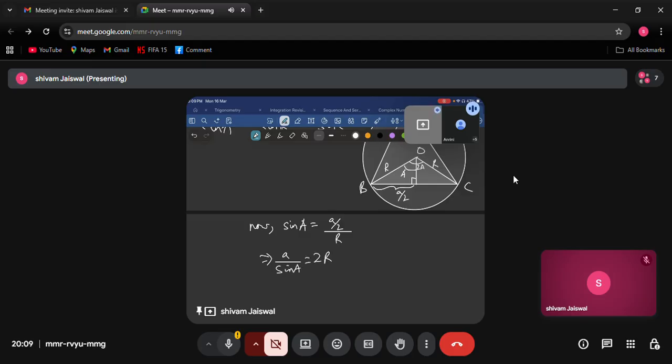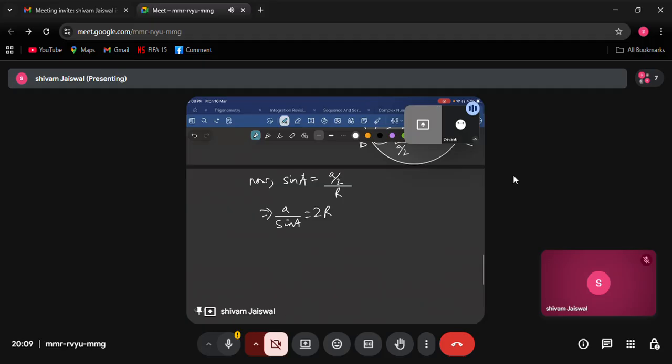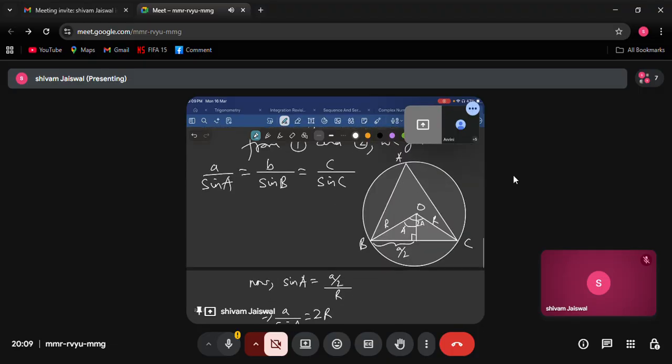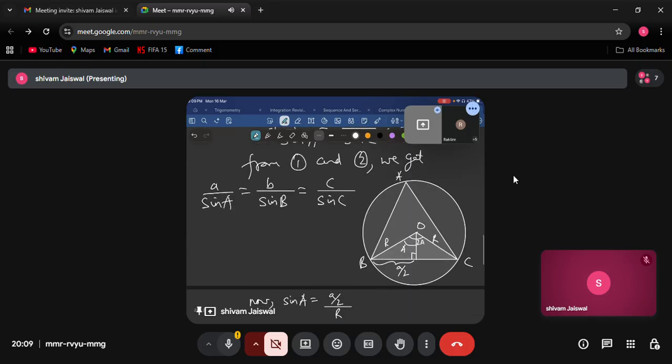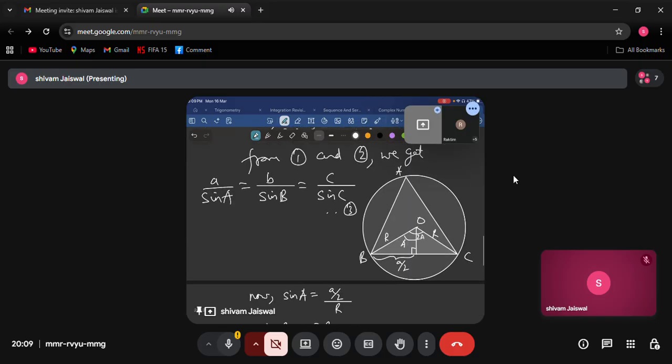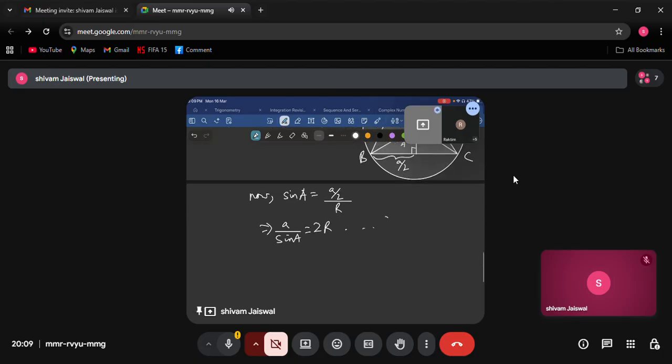Are people getting it? Yes. So from these two equations, let us call this equation 3 and this equation 4.